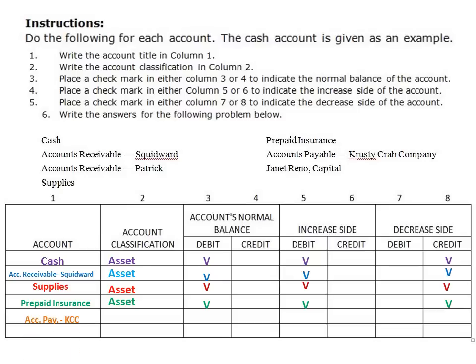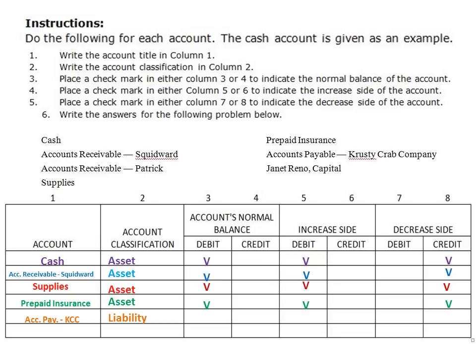Let's get a little tricky now. Accounts payable. We are going to have to pay a bill in the future. What type of account classification is that? It's actually a liability. We owe people money. Now, liabilities are on the right-hand side of the accounting equation.